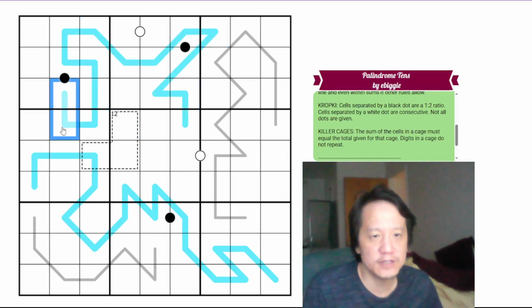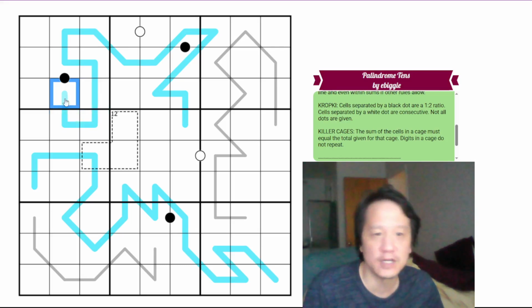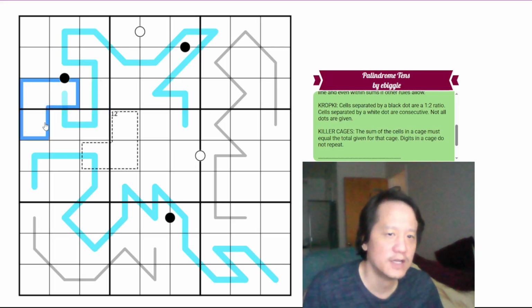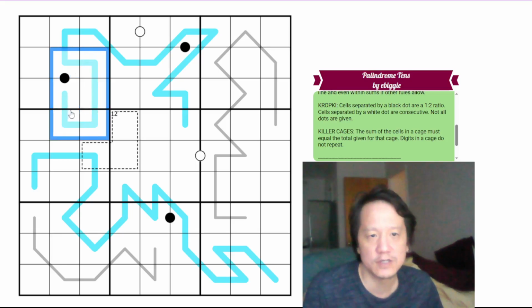So it must be these two, or it could be 3 or 4. So this is part of either 2 digits adding up to 10, 3 digits, 4 digits, or 5 digits adding up to 10, and I don't think it can be 6, but that's just because of restrictions on what can be in these boxes.